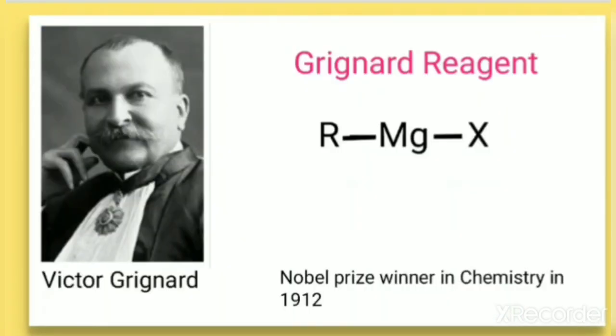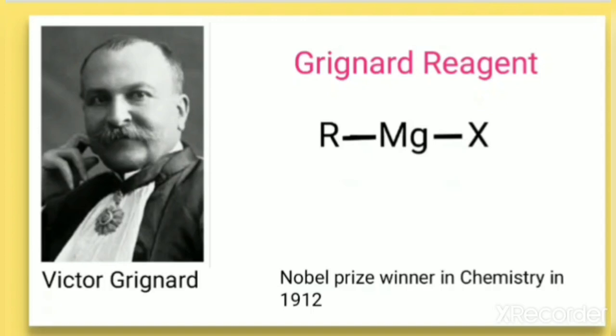Grignard reagent, which is represented by RMgX, is one of the important classes of organometallic compounds. These were discovered by Victor Grignard, a French chemist, in 1900 and are named after him.